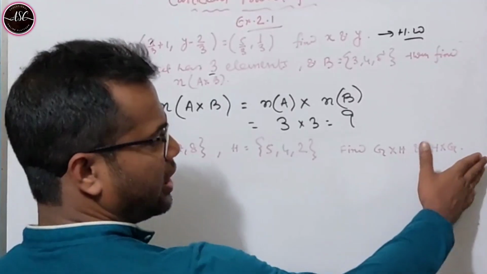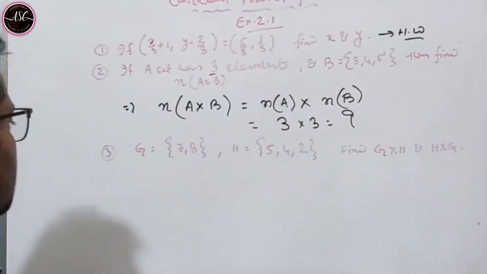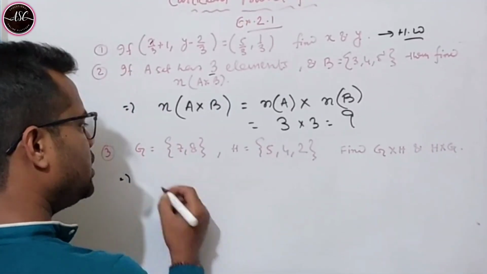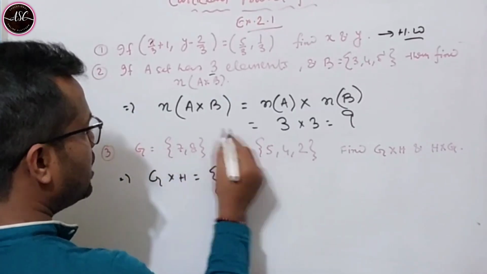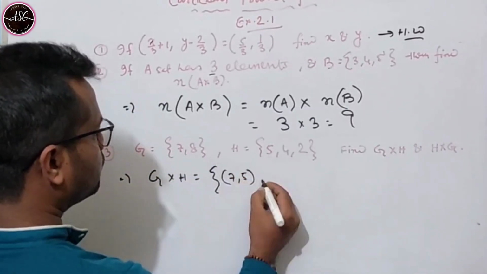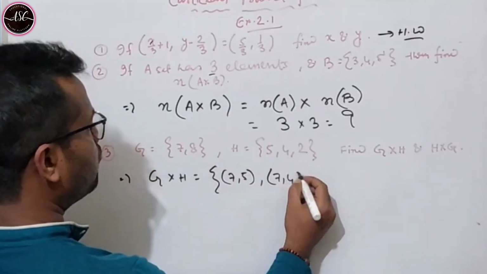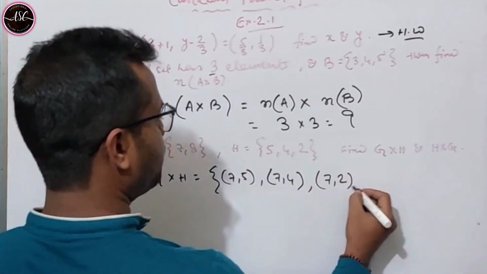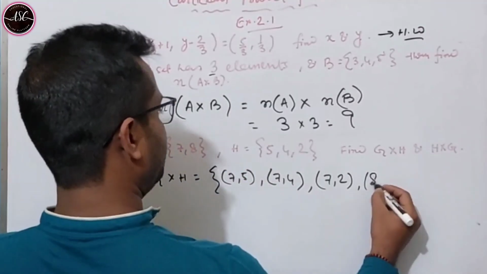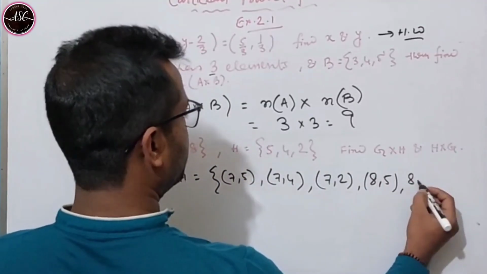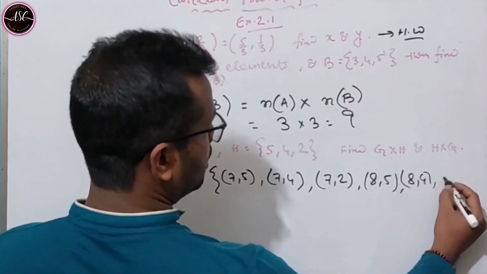Find G cross H and H cross G. How to solve this? Firstly, we find G cross H: (7, 5), (7, 4), (7, 2). Then the work of the second element starts: (8, 5), (8, 4) and (8, 2).